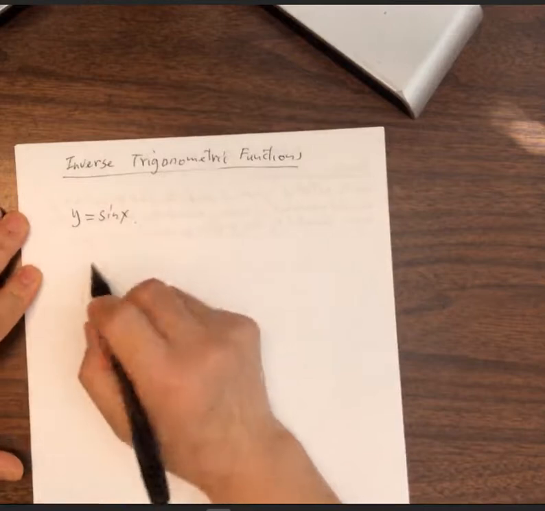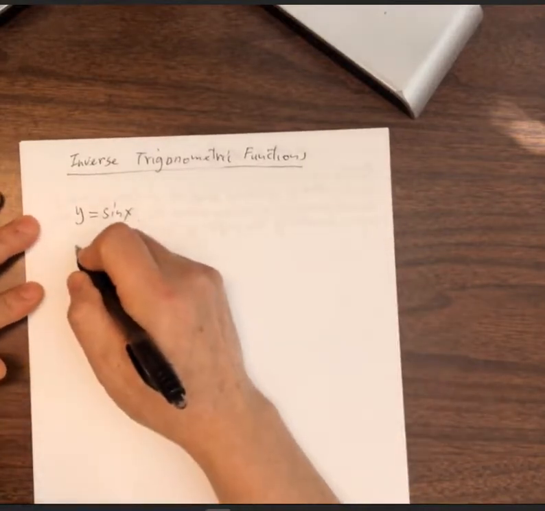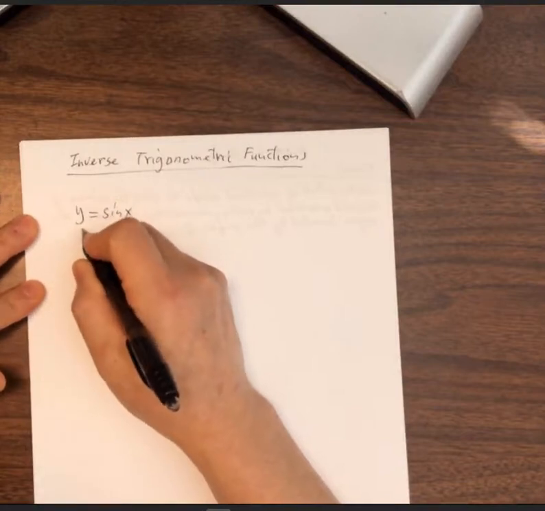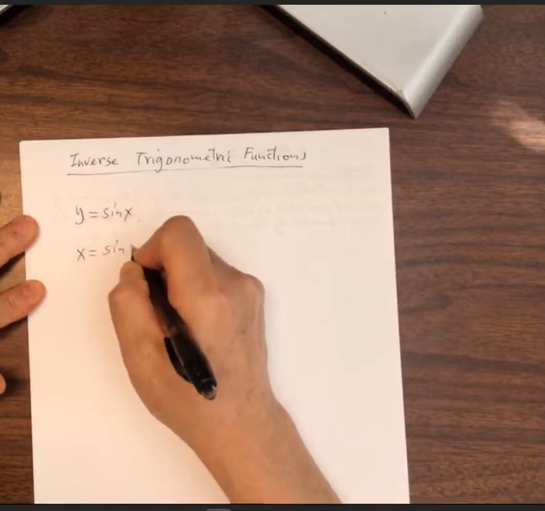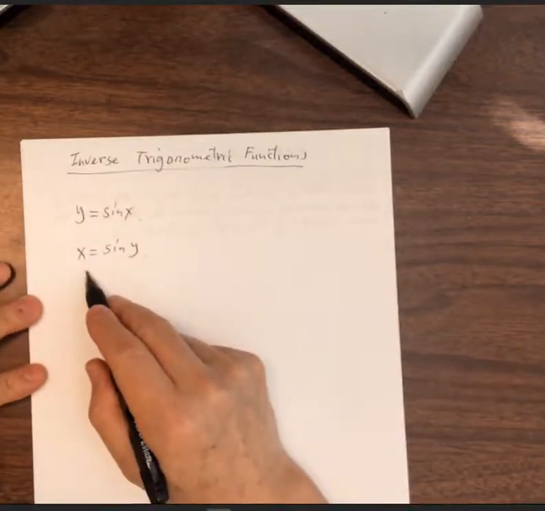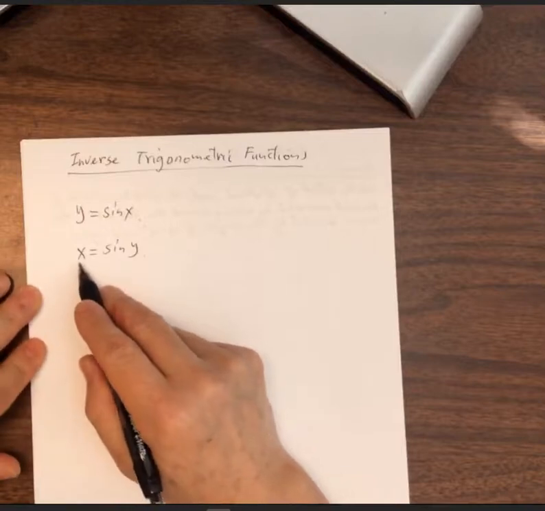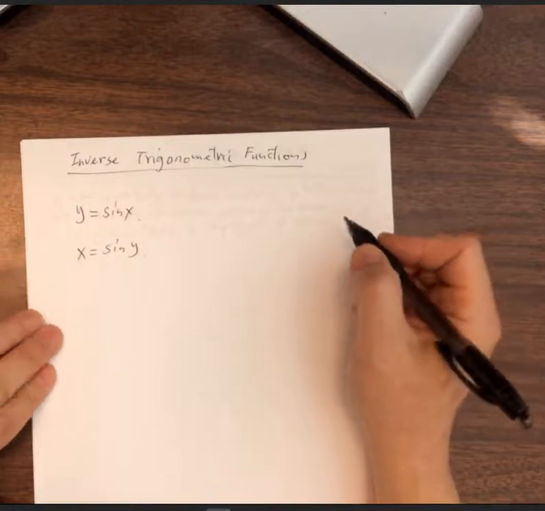Algebraically, we define the inverse of any function as the following: switch x and y. Mathematically, we have an equation with the x and the y variables involved.